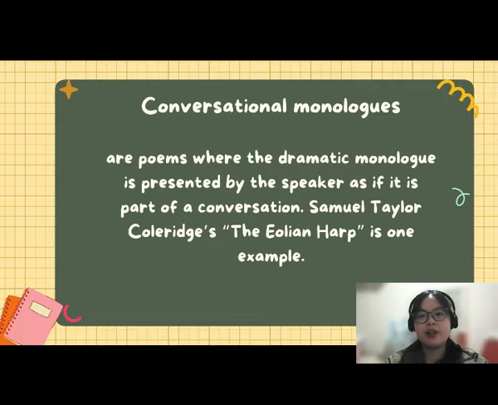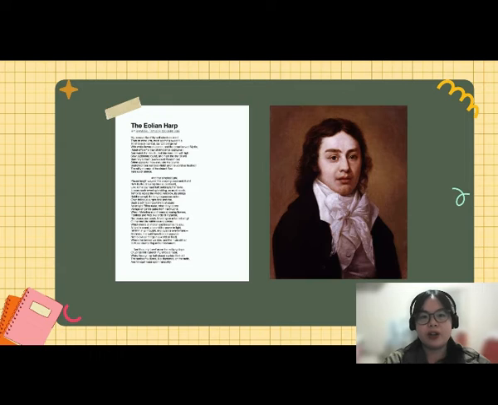From the title itself, conversational, meaning the dramatic monologue is presented as part of a conversation. We have one speaker, but it is presented as conversation. So this one is Samuel Taylor Coleridge and his The Aeolian Harp.